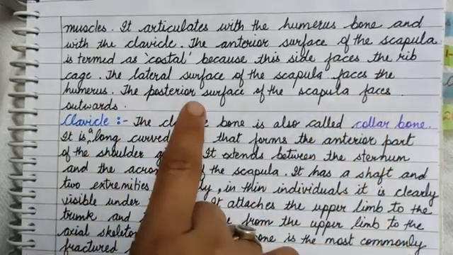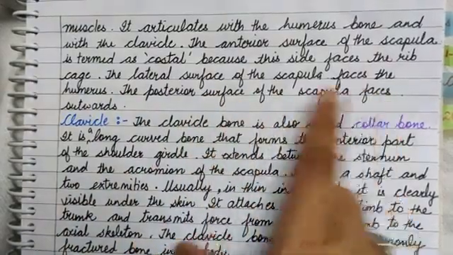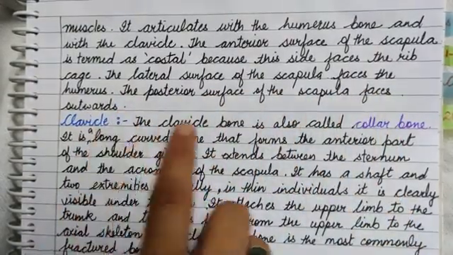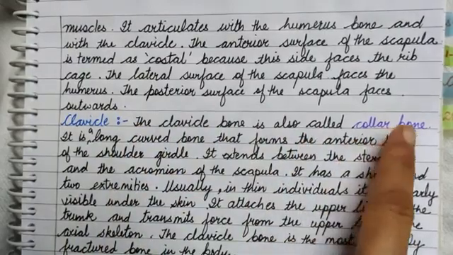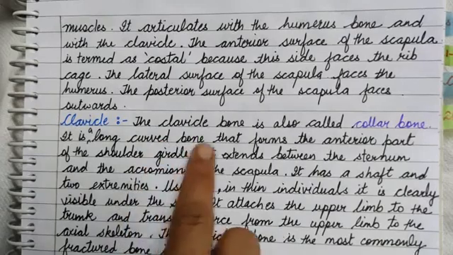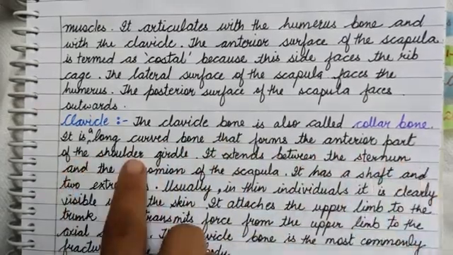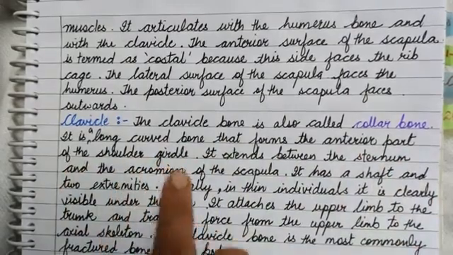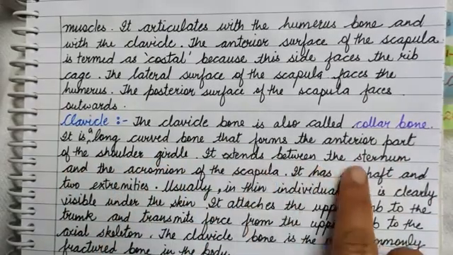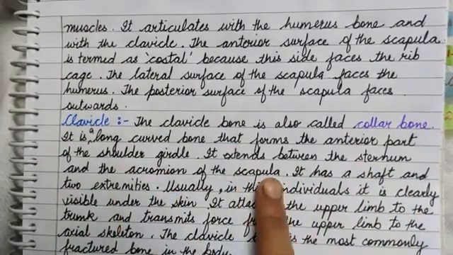The posterior surface of the scapula faces outwards. Clavicle. The clavicle bone is also called collarbone. It is a long curved bone that forms the anterior part of the shoulder girdle. It extends between the sternum and the acromion of the scapula.